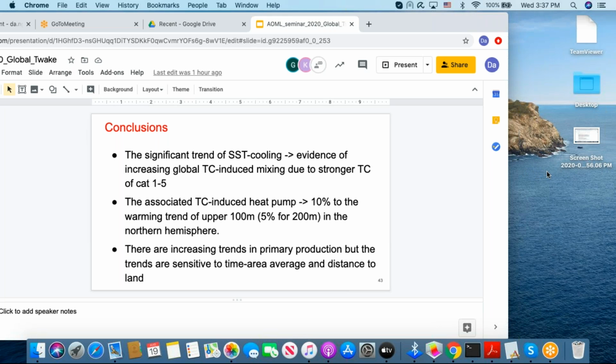Marlos asked how I filtered ENSO from the time series. I did a simple regression, and from there we can take out the signal associated with ENSO, and then compute the trend from the residual signal.